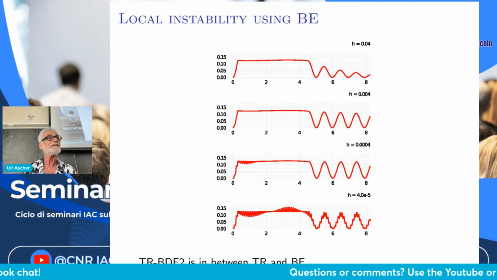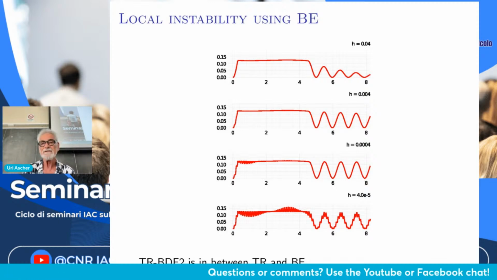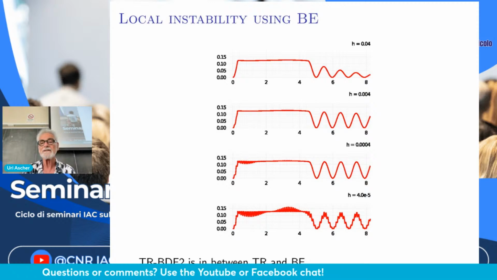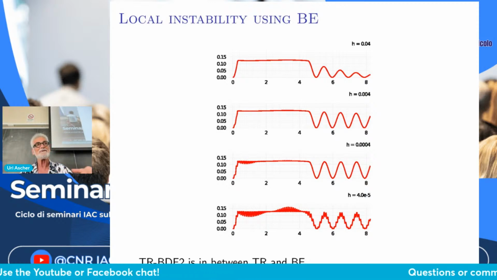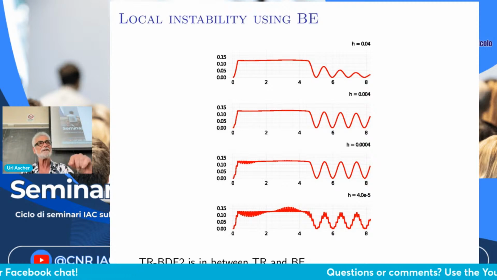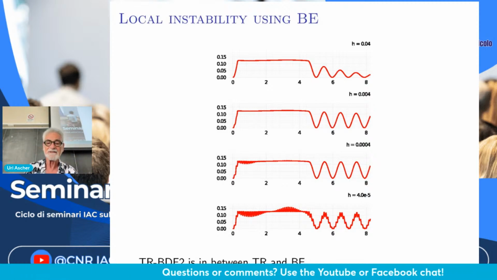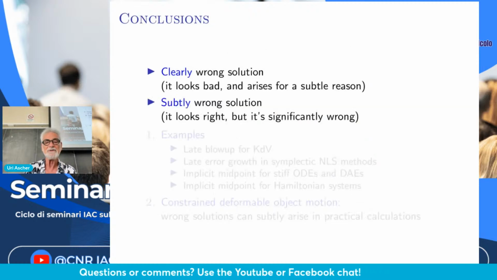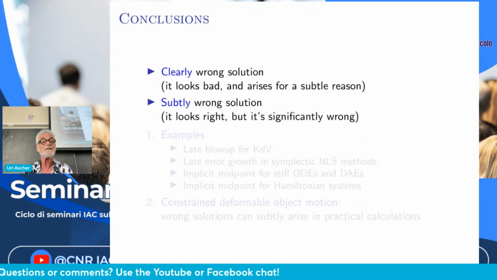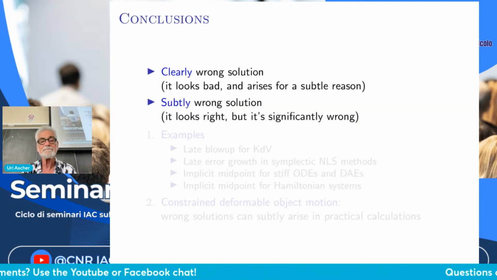But here it shines once again, because for h 0.004, you actually get an excellent representation of the real solution because it damps the errors, and damps the little errors. Also something that maybe you cannot always count on, but it can happen.